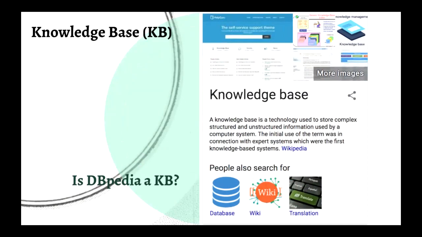Is DBpedia a knowledge base? Well, of course it is. A knowledge base is a technology used to store complex structured and unstructured information used by a computer system. If you remember earlier, DBpedia was identified in 2007 as only ingesting or harvesting structured data, and now it has the ability to also harvest unstructured information. The initial use of the term was in connection with expert systems, which were the first knowledge-based systems.